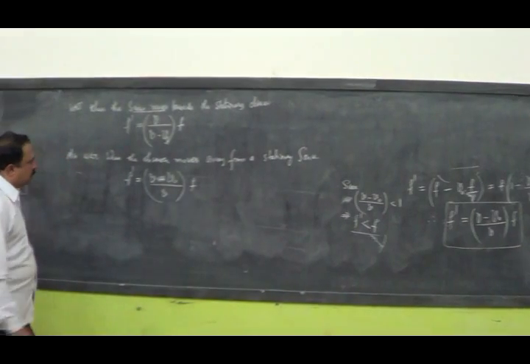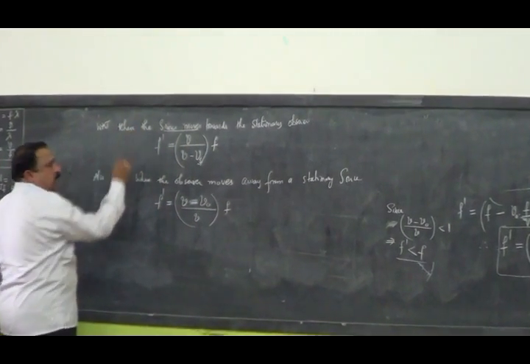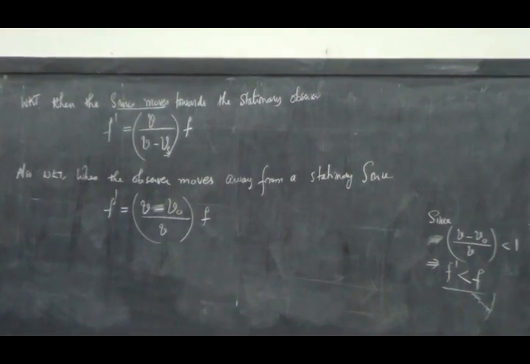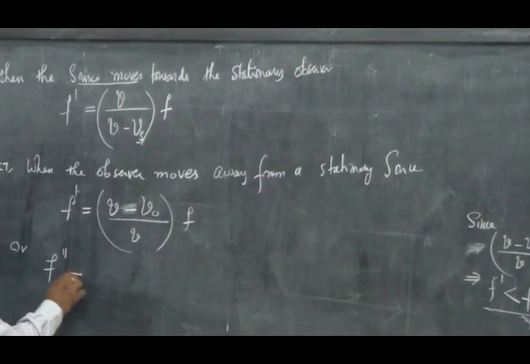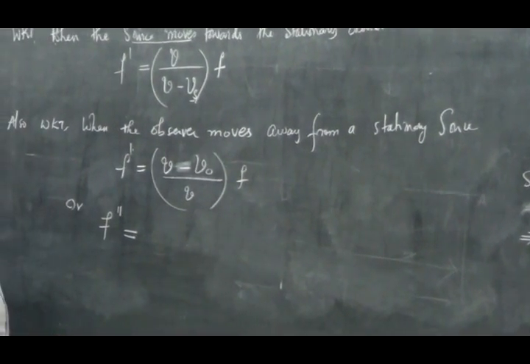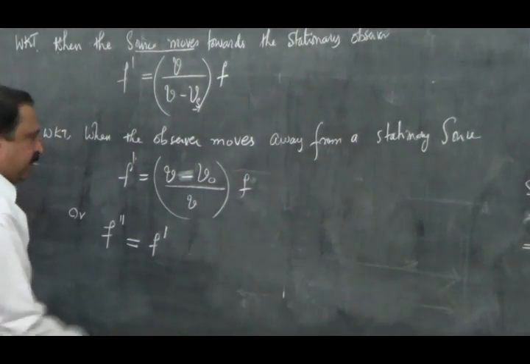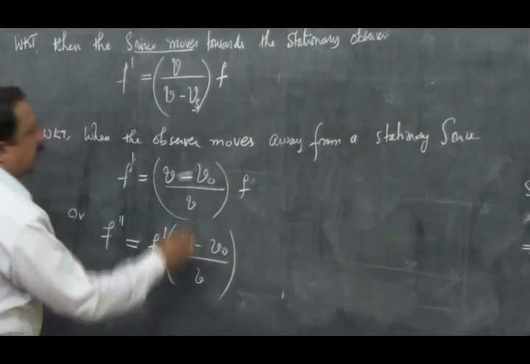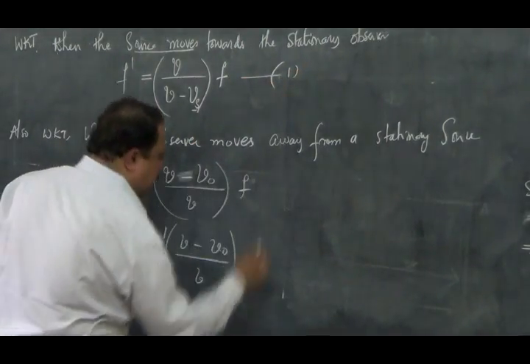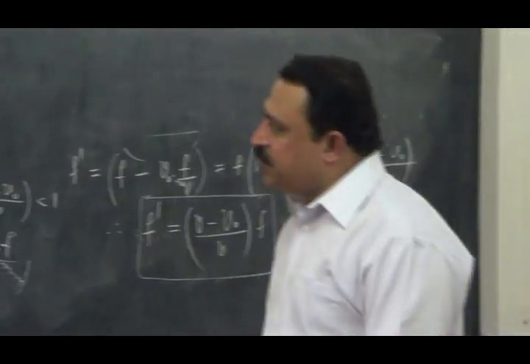Okay. Now, let us connect both these formulae. I will write F2 dash equals F dash into (V minus V naught) by V, instead of simply writing F. Write the first formula as 1 and this as 2. Now what is the situation I am talking about?